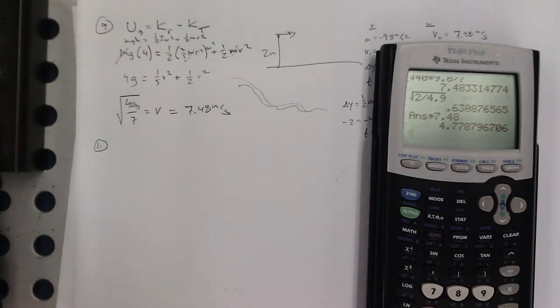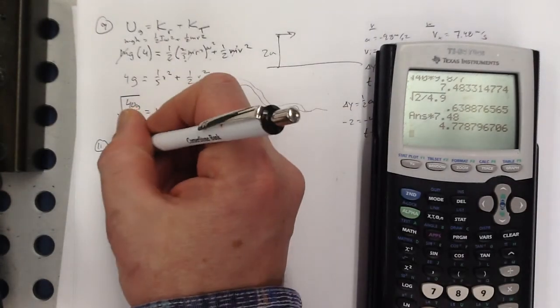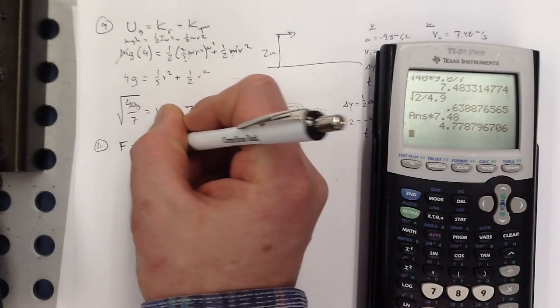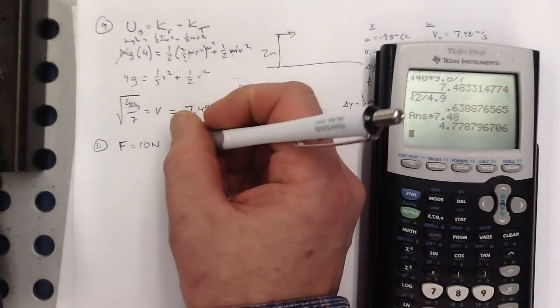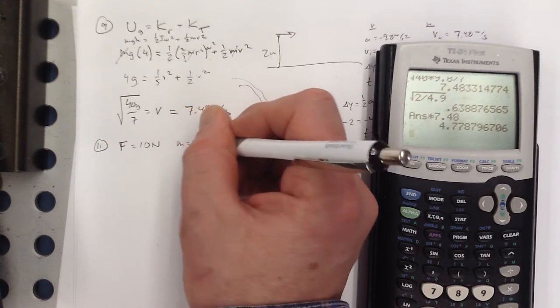We got this wagon wheel kind of thing. A horizontal force of 10 newtons is applied to a wheel of mass 10 kilograms, radius 30 centimeters.